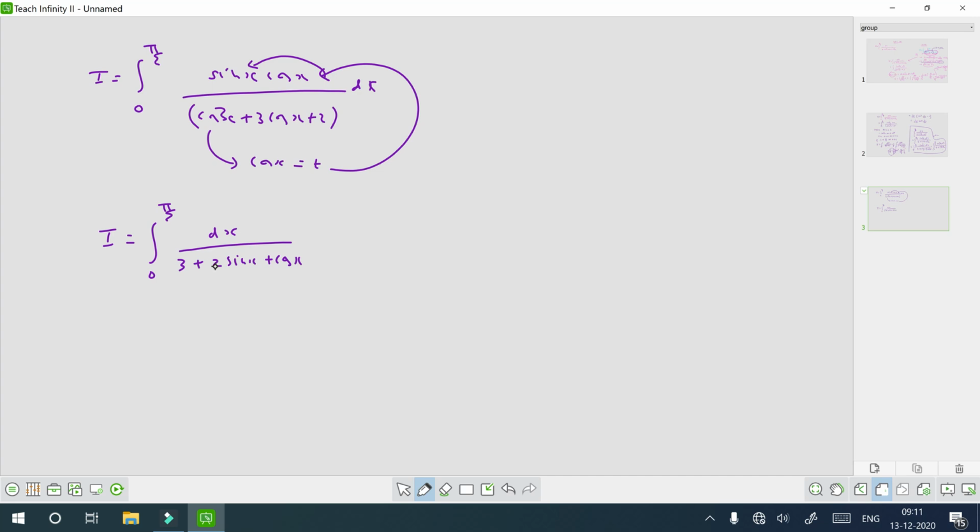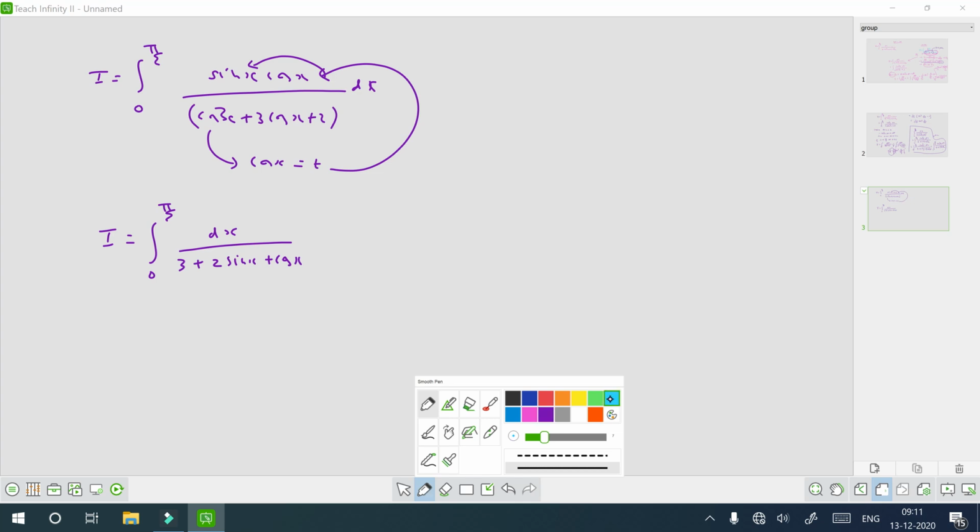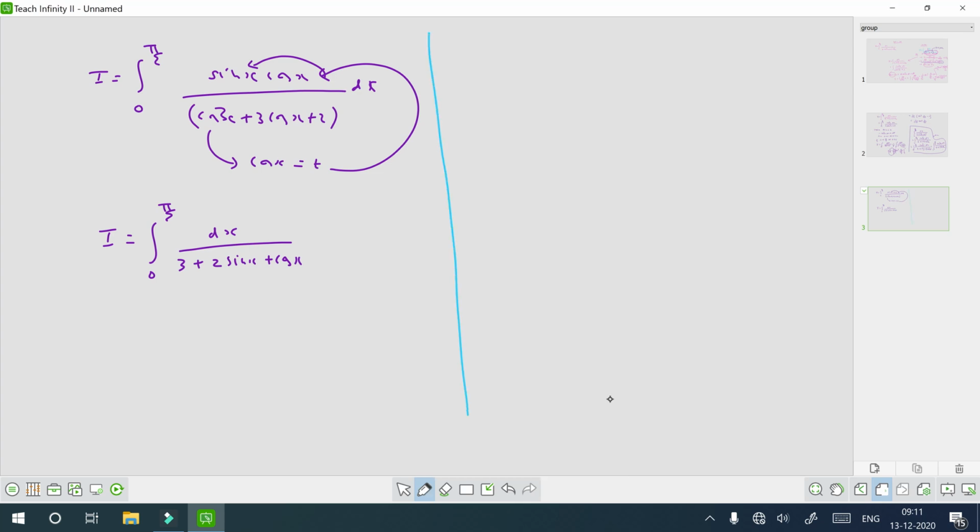Before that one, let us see one important pattern of indefinite integration also. Integral dx upon a sin x plus b cos x plus c, where a, b, c belong to R, but a and b cannot be 0 together.